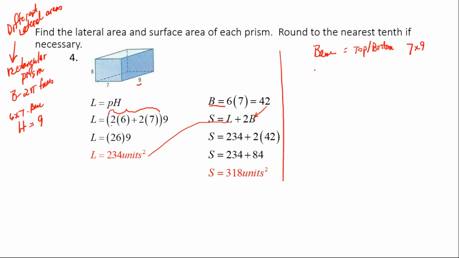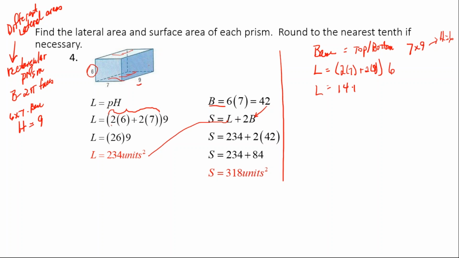Okay, again, my lateral. If it's 7 by 9, that means my perimeter is 2 of the 7s plus 2 of the 9s. But my height is between the bottom and the top, which is 6.